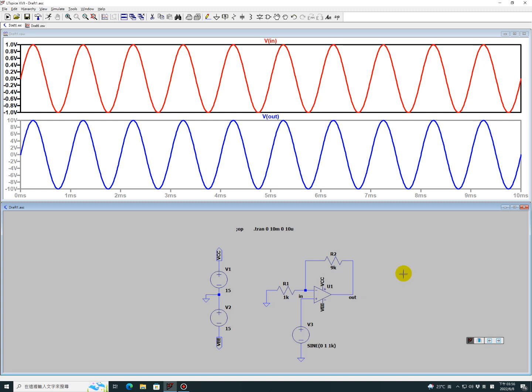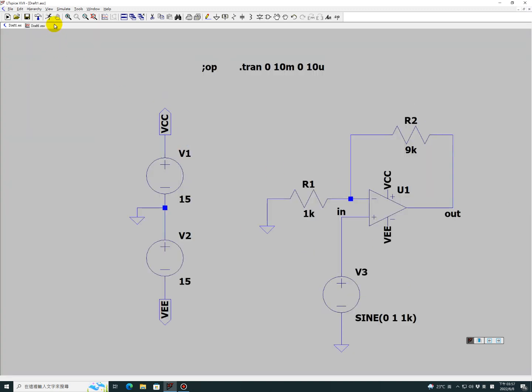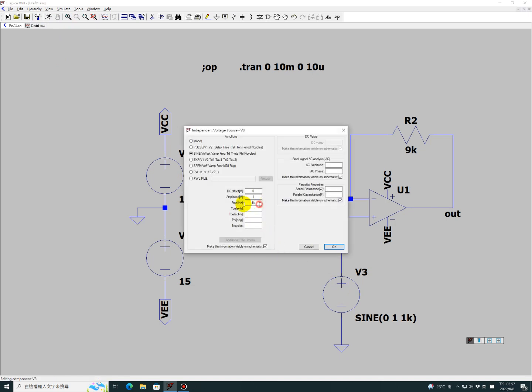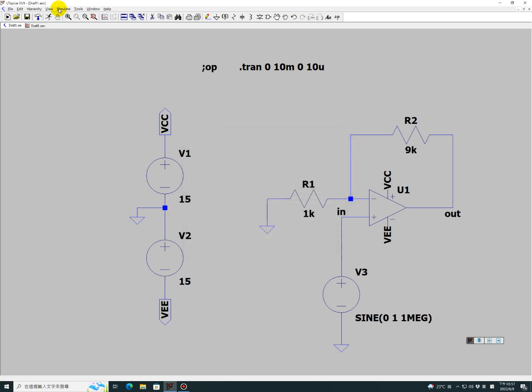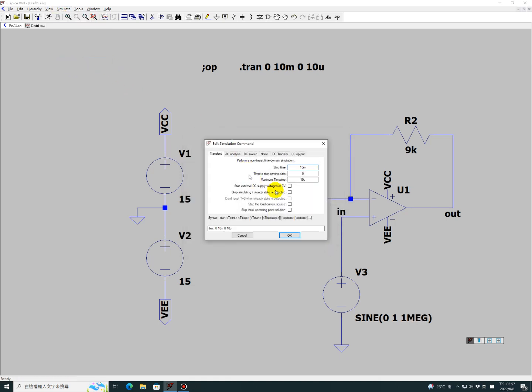And of course, I know if I change the frequency to the bandwidth limit, then you will have problems, right? So if I change to 1 megahertz, and the simulation, let's see what will happen.